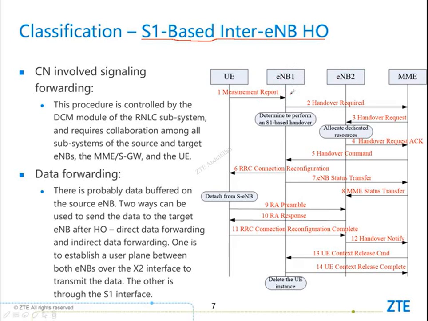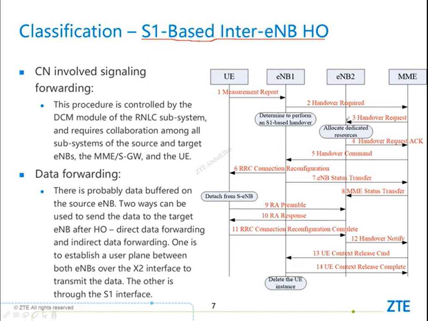So the eNodeB 1 will send handover required to the core network, to the MME, just to let the MME help to find the target eNodeB. Okay, if the MME receives the handover request, through the target cell information, it can find the target eNodeB.